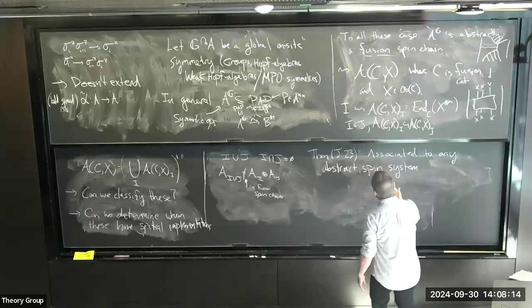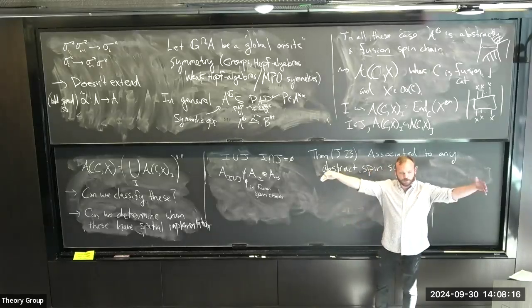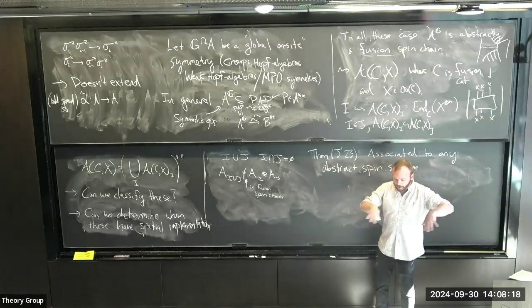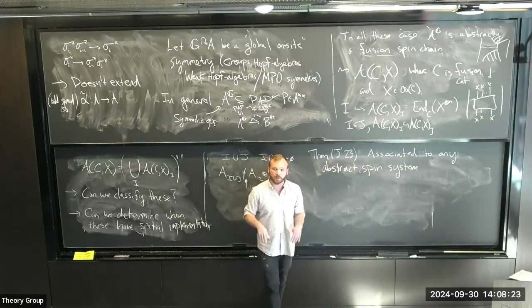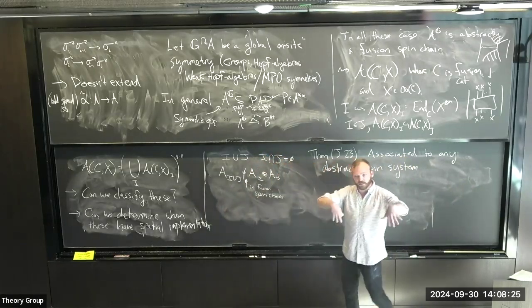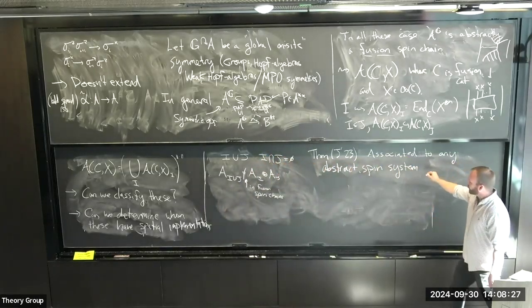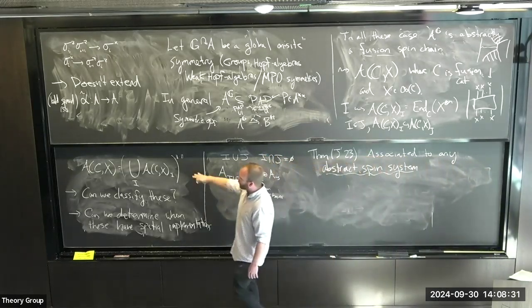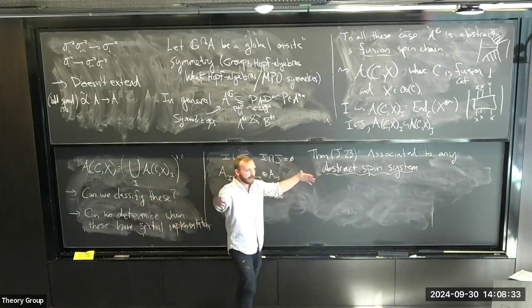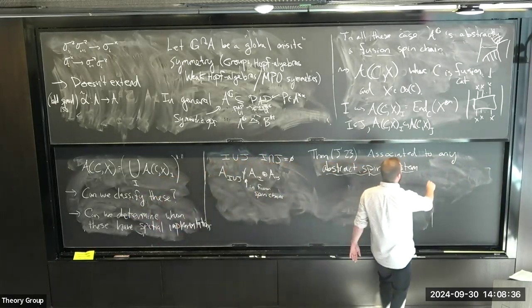And what do I mean by an abstract spin system? It's just some big algebra that has all these subalgebras, like these A sub i's, these localized subalgebras that commute with each other when they're localized in disjoint regions. So there are some abstract axioms that go into defining what I mean by an abstract spin system, but you should think it's something like one of these fusion spin chains that has a big algebra with these local subalgebras.